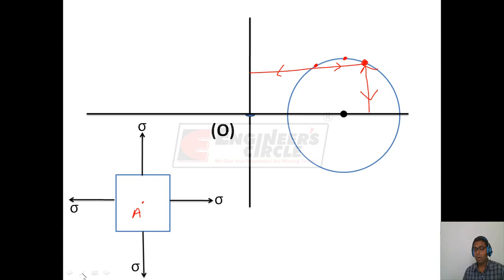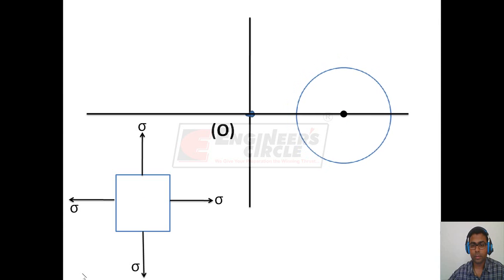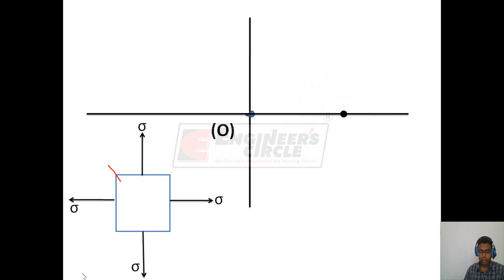In this case, since all the planes have shrunk to this point, the stresses on all the planes at this point, whether this plane or this plane or the vertical plane or horizontal plane, are the same, and each plane will have only one normal stress, that is sigma, and no shear stress.